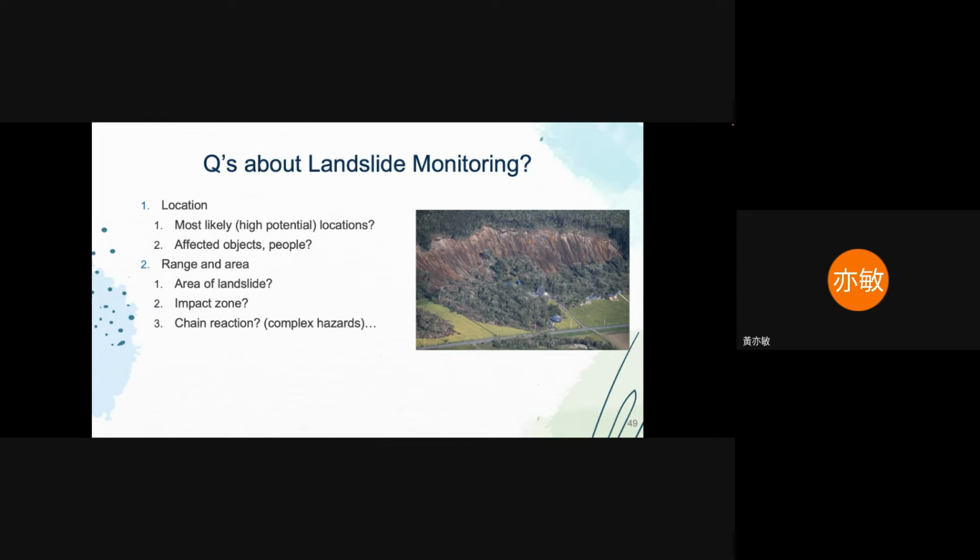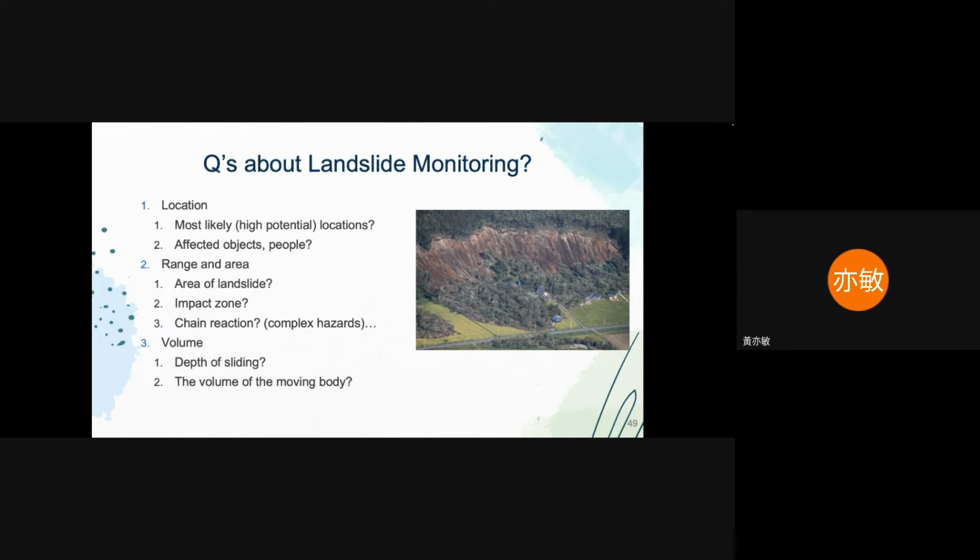If a landslide actually occurs, what is the chain reaction if it damages our nuclear power plant? There will be radiation damage far away from the location of the landslide, and that is a serious situation we need to take into consideration.